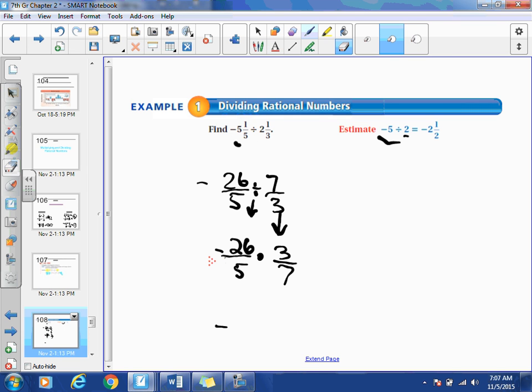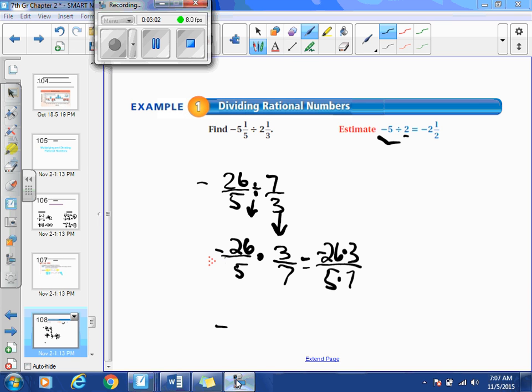Now I just have an easy multiplication problem. Negative 26 times 3 over 5 times 7. That gives me negative 78. And 5 times 7 in my denominator gives me 35.